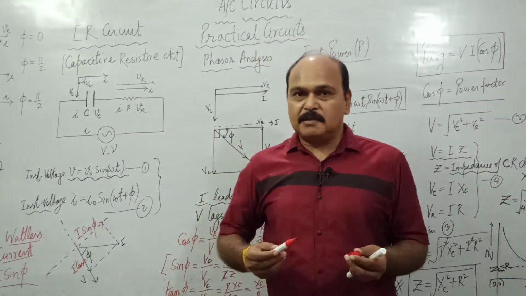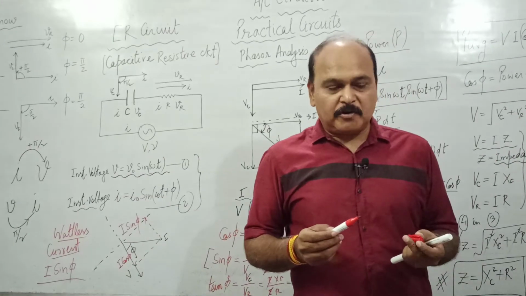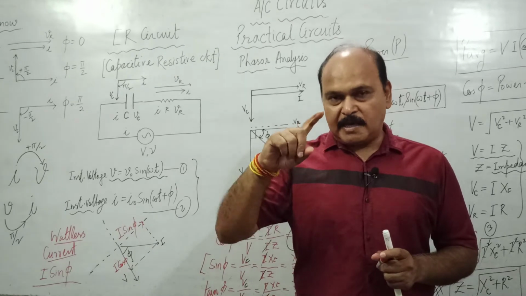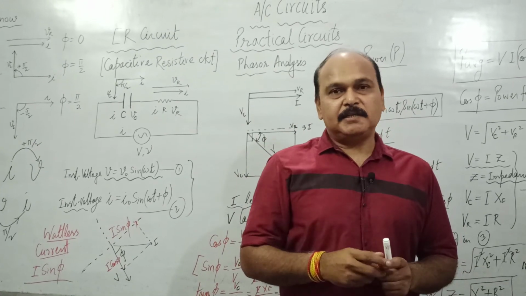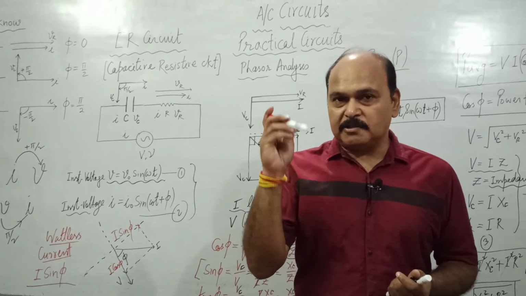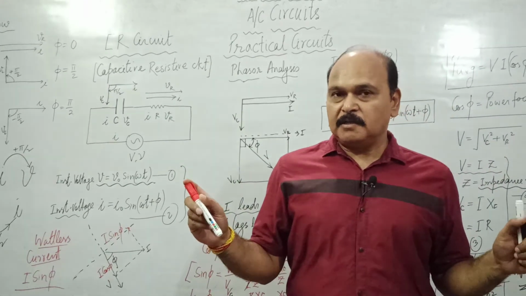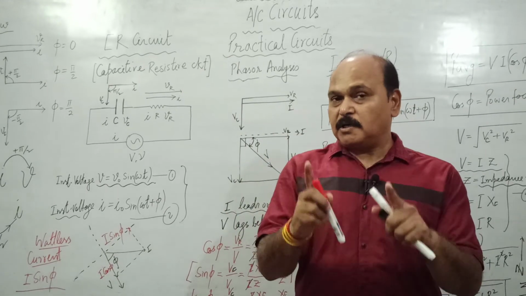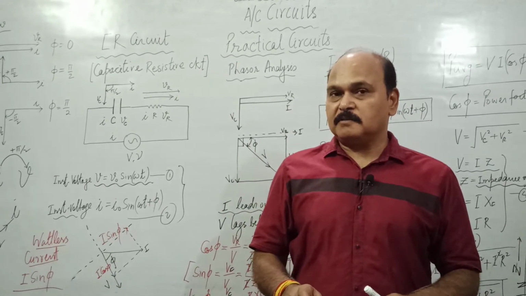Wattless current is the current because of which average power consumption is 0, and this current has a phase difference of 90 degrees with voltage. In case of a purely resistive circuit, there is no wattless current. In case of a purely inductive circuit and capacitive circuit, total current is wattless.